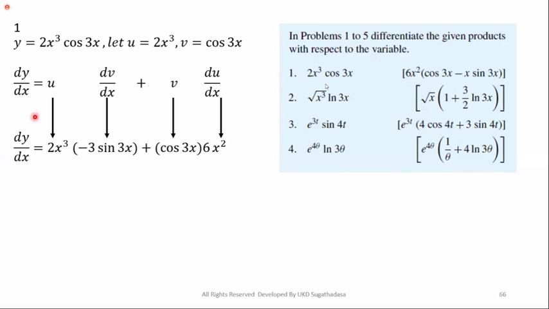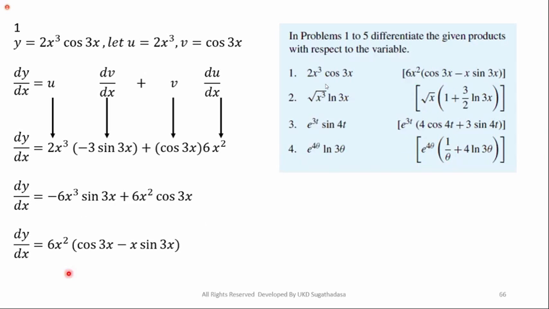Then you get the other part, simplify; multiplication and simplification are very simple, just multiply. Minus 3 times 2x^3 gives minus 6x^3 sin 3x, and then 6x^2 times cos 3x. Now what you can do is take some factor out if you want.